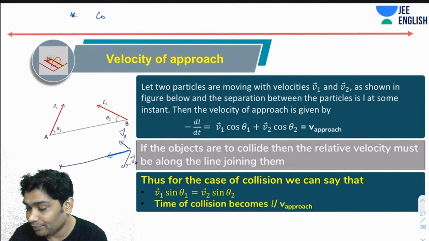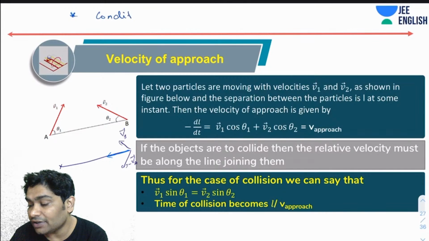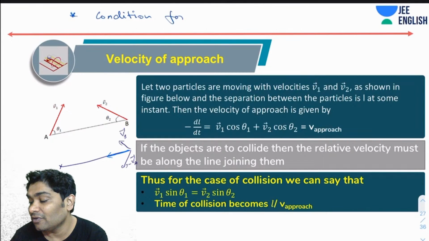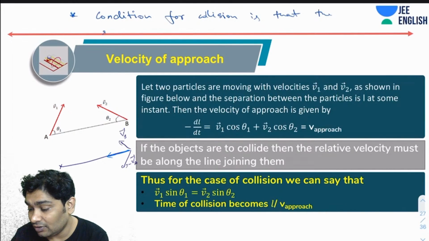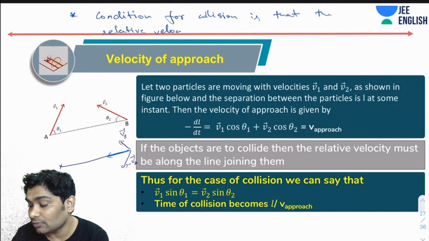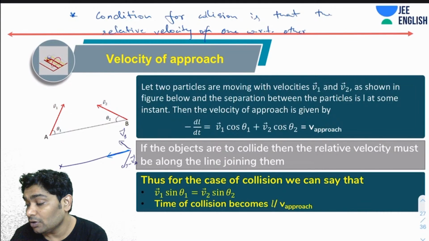The condition for collision is that the relative velocity of one with respect to the other should be along the line joining both.